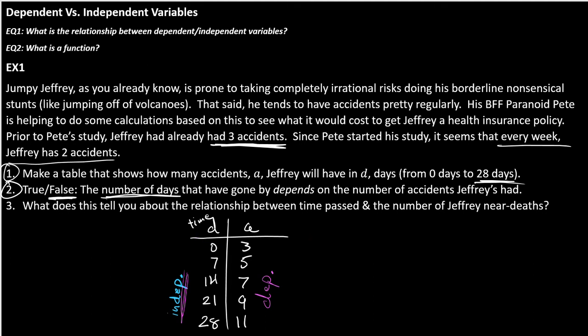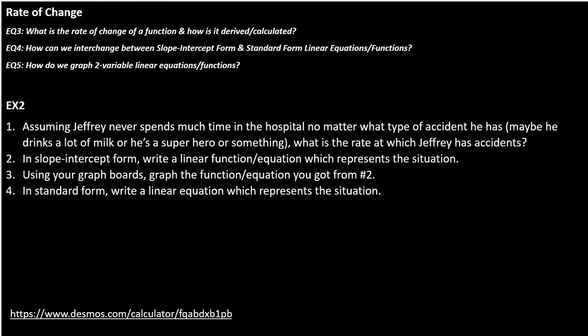So that's what we're told about the relationship between time passed and the number of near deaths, right? The relationship between those two is that the number of accidents depends on, or is a function of, the number of days that have gone by.